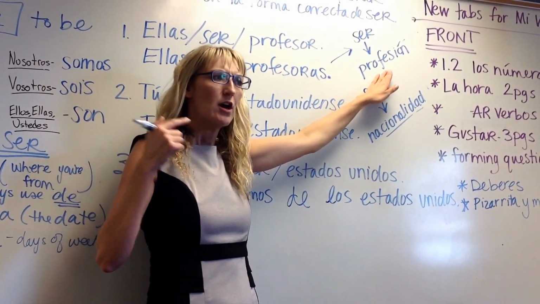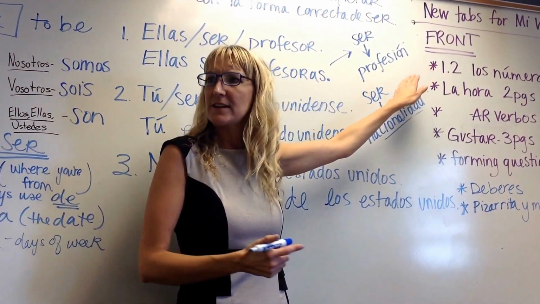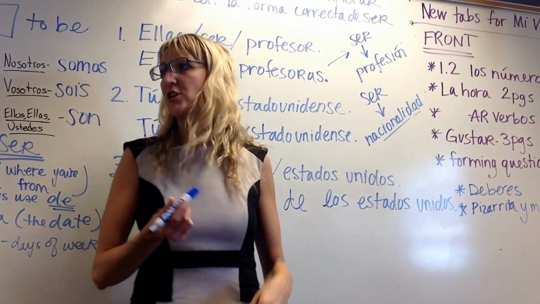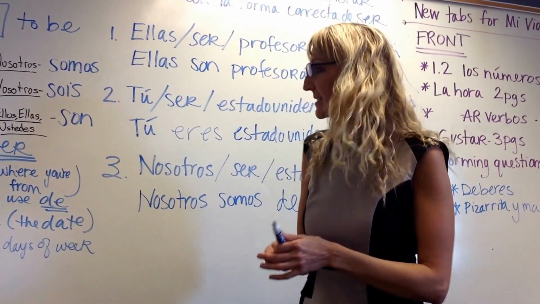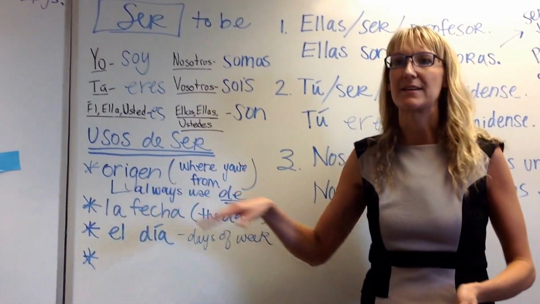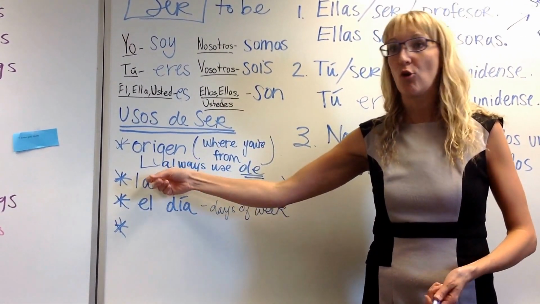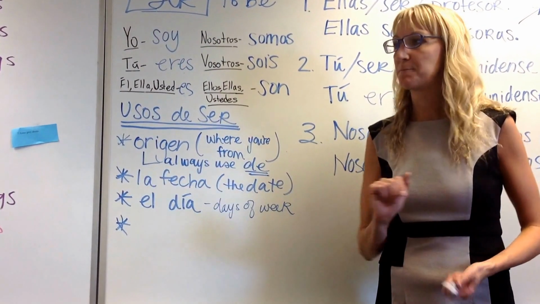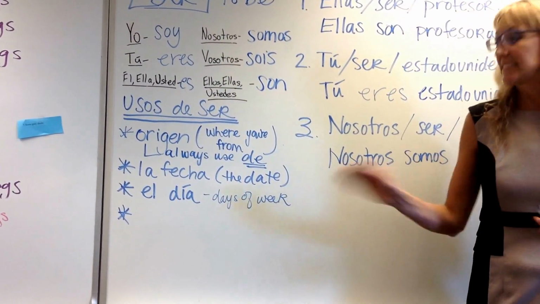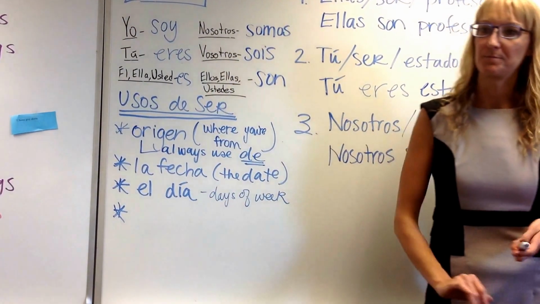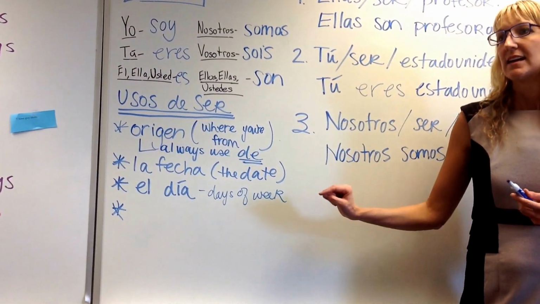Profesión. ¿Qué significa profesión? Profession. Your profession or your job. Exactly. We have repite, origen. This is your place of origin. We have repite, la fecha. This is the date. And then we have repite, el día, which is the days of the week.